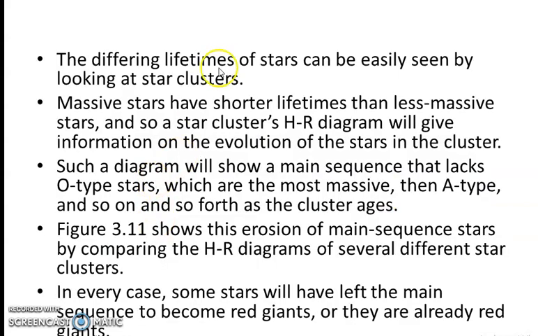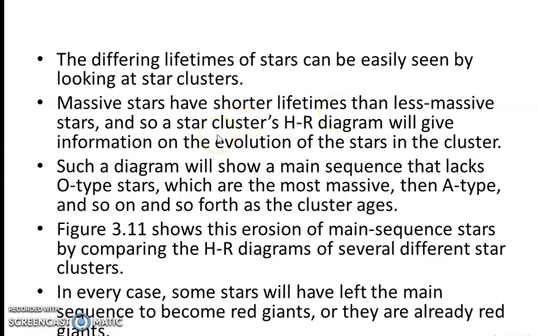And the different lifetimes of the stars can be seen from the star clusters. അപ്പോൾ സ്റ്റാർ ക്ലസ്റ്റേഴ്സിൽ ഡിഫറെന്റ് സ്റ്റാർസ് ഉണ്ടാവും, ഡിഫറെന്റ് മാസത്തിലുള്ള സ്റ്റാർസ് ഉണ്ടാവും. അപ്പൊ അതിലെ ഓരോ സ്റ്റാർസിന്റെയും HR ഡയഗ്രം നോക്കിക്കഴിഞ്ഞാൽ അതിന്റെ ലൈഫ് ടൈമിലുള്ള വ്യത്യാസം നമുക്ക് കാണാൻ പറ്റും. Massive stars have shorter lifetimes than less massive stars.